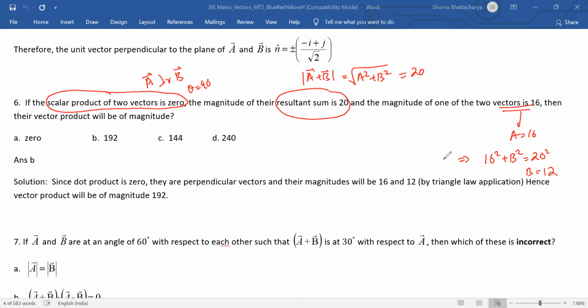So now coming back to the cross product. So A cross B now will have a magnitude of AB because theta is 90 degrees. So that will become A's magnitude, which was 16, into B's magnitude, which is 12. Okay, so you can see this is the correct answer.